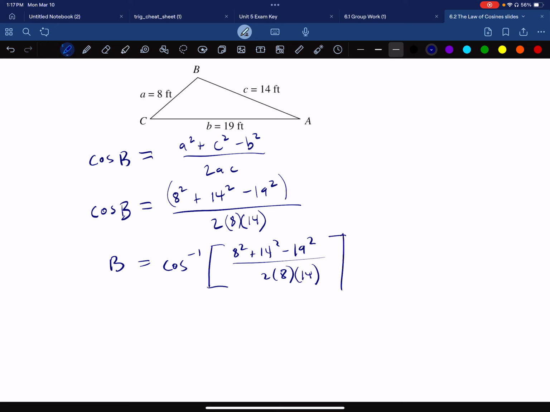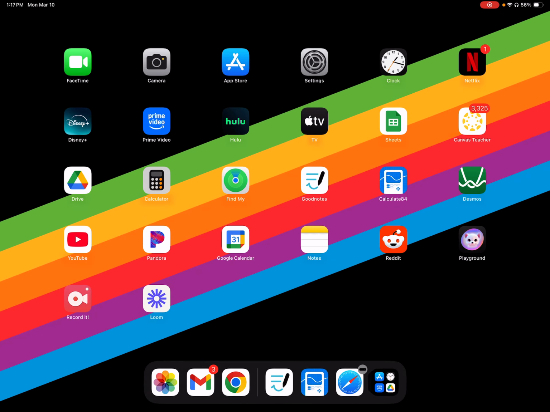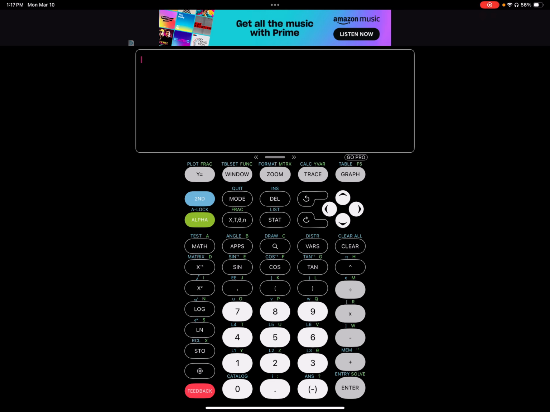And if we're careful, we can just go ahead and pop that whole thing into the calculator as it is. You just need to make use of parentheses the way I've written them out here. So let's go to our calculator. So we're going to do inverse cosine. I'm going to do parentheses 8 squared plus 14 squared minus 19 squared.